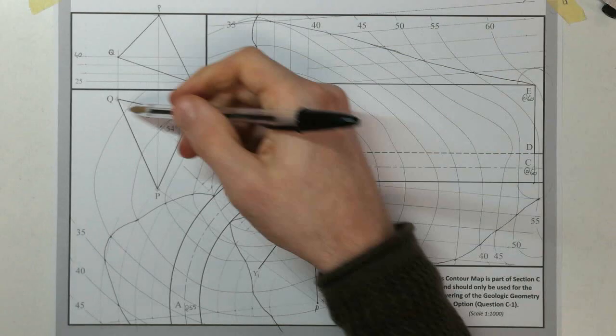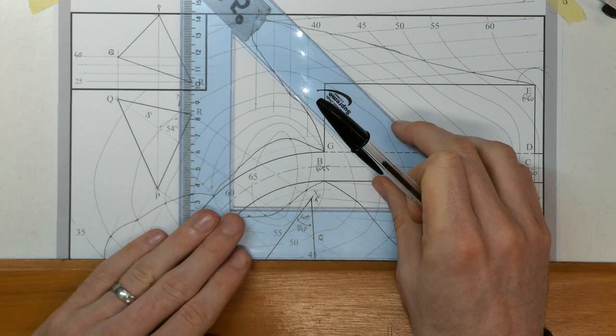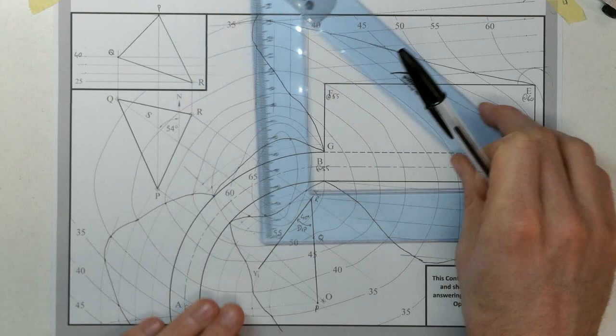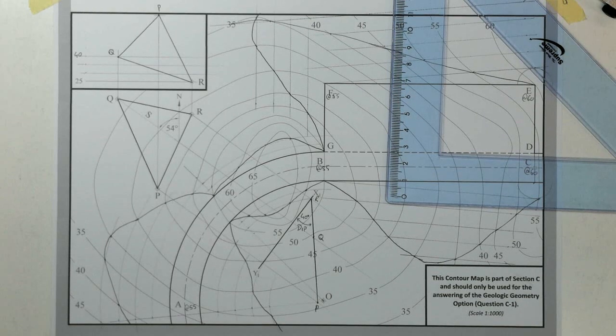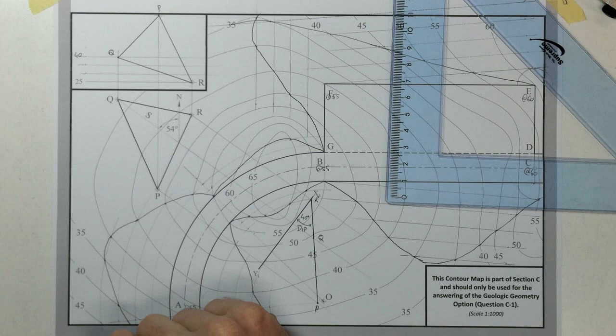Okay, so here's our strike line. True angle between. Okay, so we need to find the true shape of this surface of the triangle.